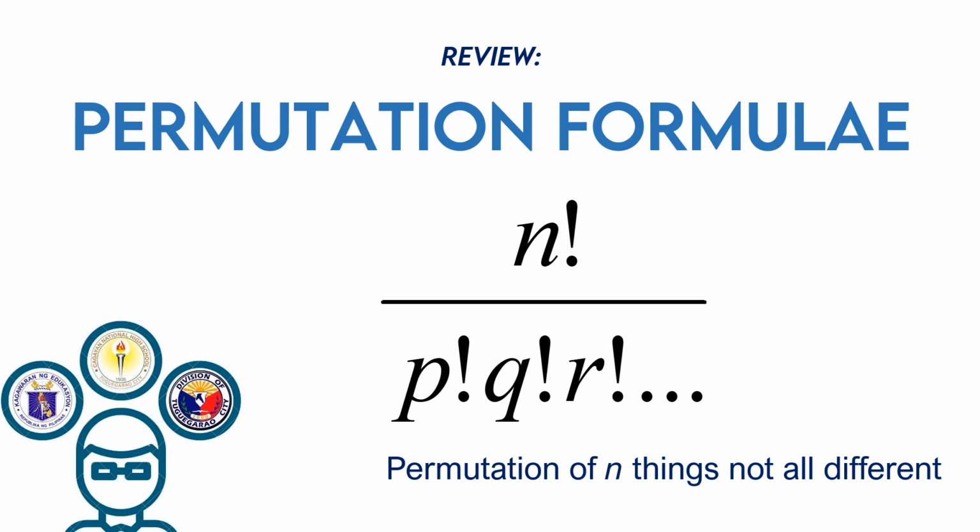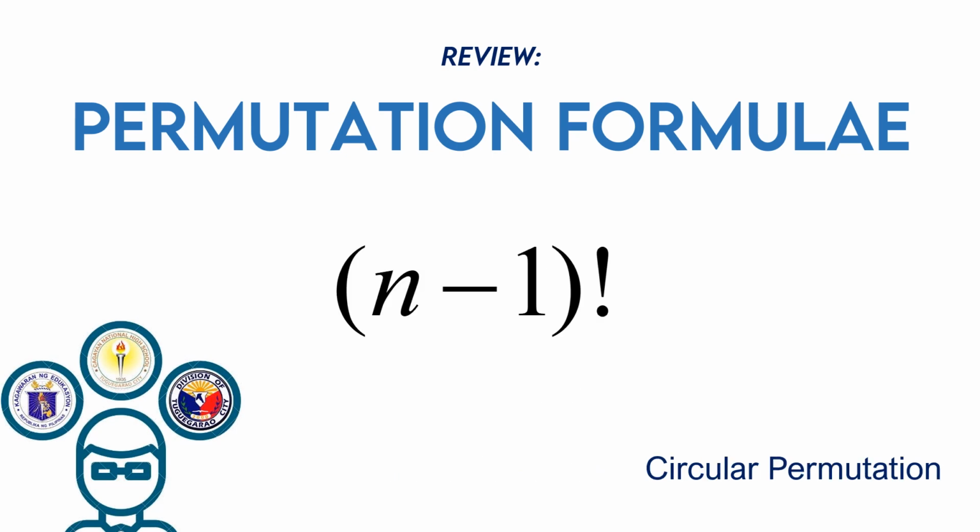That is n factorial over p factorial, q factorial, r factorial, and so on, depending on the number of letters or objects repeated. We also have the third formula, for circular permutation, which is given by n minus 1 factorial.